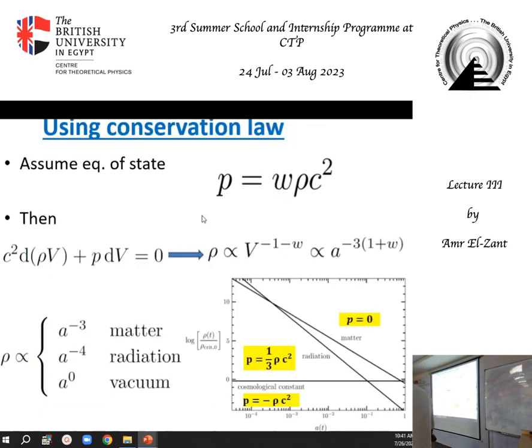Okay? But let's start again with the simple stuff we said last time. We put an equation of state, because you need an equation of state to solve our equation. We need to see how our components vary. In the standard cosmological model called lambda CDM, lambda is the cosmological constant, CDM is the cold dark matter that we'll speak about next time. It's thought to explain these rotation curves of galaxies and so on. So the CDM is the matter, mainly, and 5% baryon.